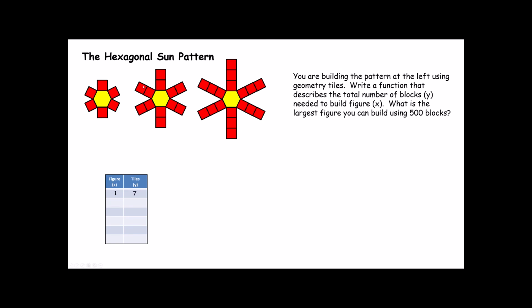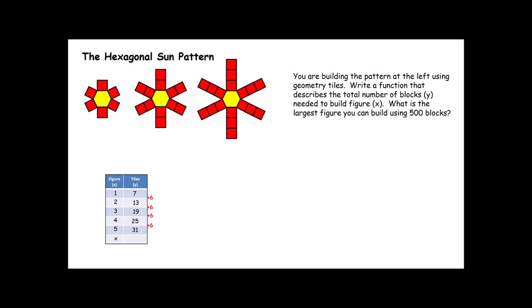The second figure, figure 2, has 2, 4, 6, 8, 10, 12 red and 1 yellow. And then we have 3, 6, 9, 12, 15, 18 red and 1 yellow. Hopefully you can see that we are growing by 6 each time, which means that figure 4 will likely have 25 and that figure 5 would likely have 31.